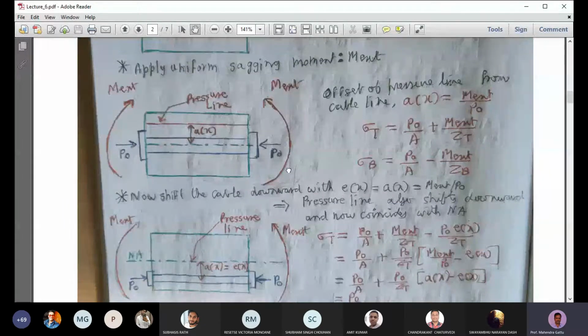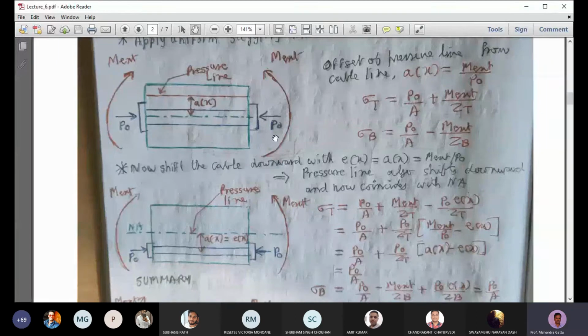Now we see that the top fiber has higher compression than the bottom fiber. Now what we do is shift this cable line downward by a certain amount. That distance of shifting from the neutral axis is called the eccentricity of the cable line with respect to the neutral axis.